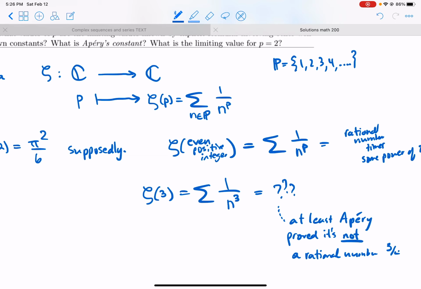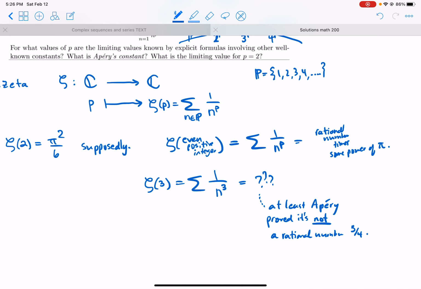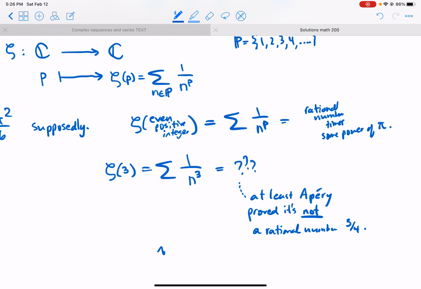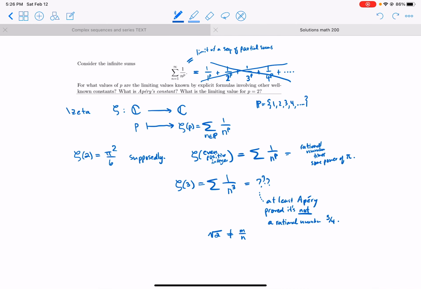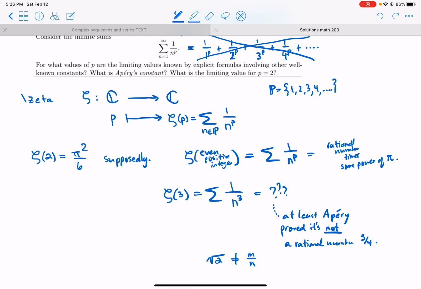For example, 3/4 is a rational number. So just like we were able to prove that the square root of 2 is not a rational number, somebody was also able to prove this about zeta of 3. Okay, so zeta of 3 is Apery's constant.